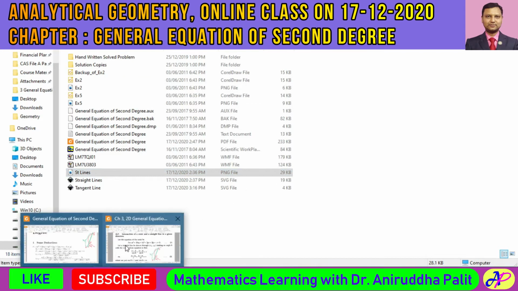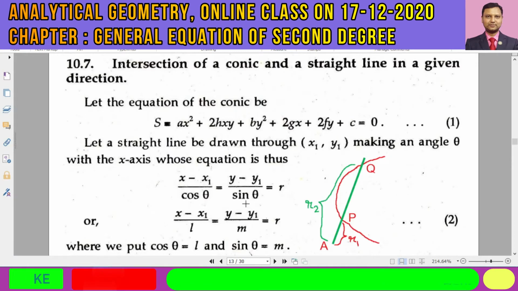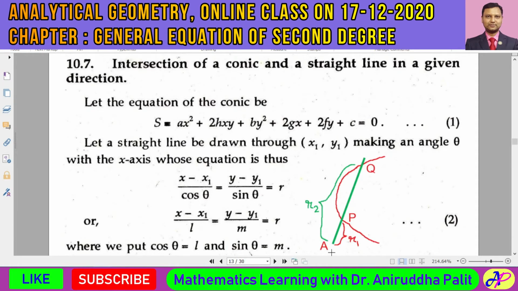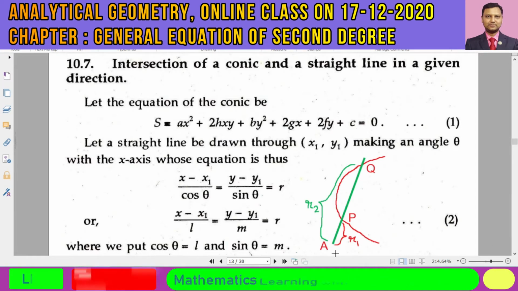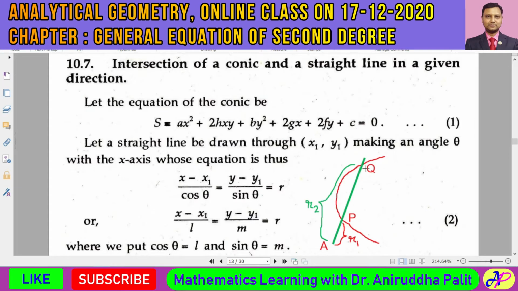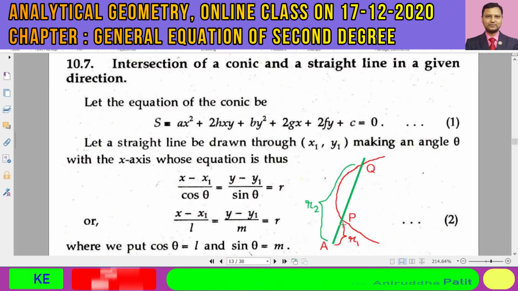Suppose we have a fixed point capital A, and through this fixed point we are drawing a straight line.